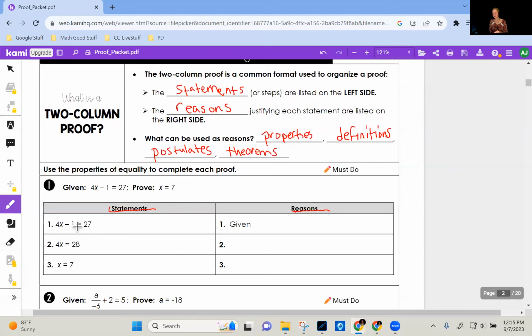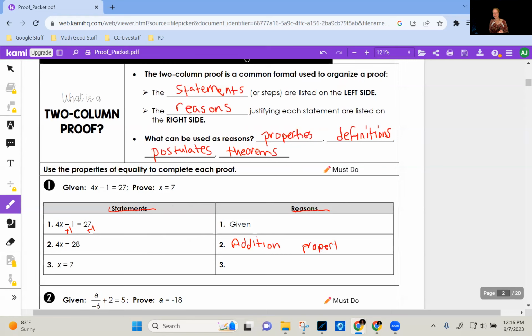So when I do this math problem, I have 4x minus 1 equals 27. The question, just like what you did last time, is what do I do between this step and this step? And in this case, I added 1 to both sides. So that means I used the addition property.